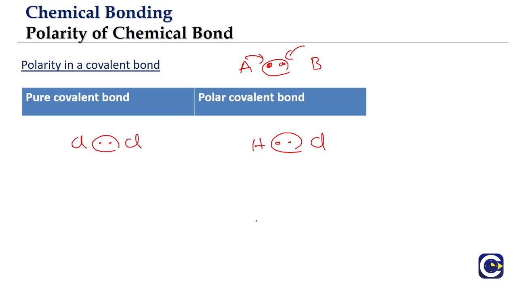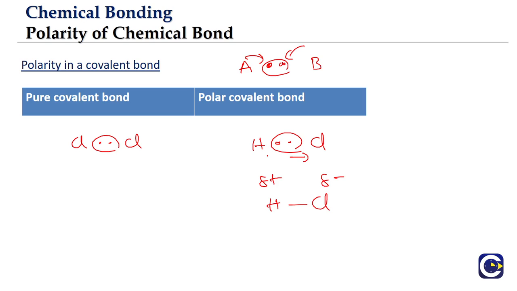So here the shared pair will be drifting more close to chlorine because it is highly electronegative. As a result, a kind of partial charge will get accumulated. The shared pair will not be positioned equidistant from the hydrogen nucleus and the chlorine nucleus, but it will be drifting a little bit more close to chlorine.